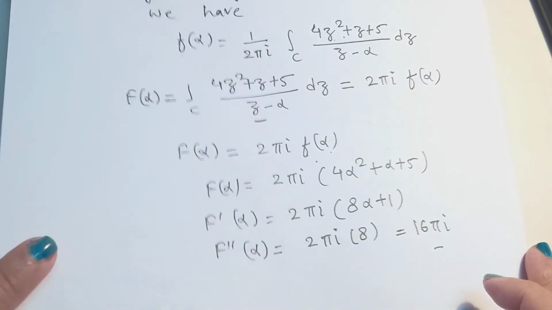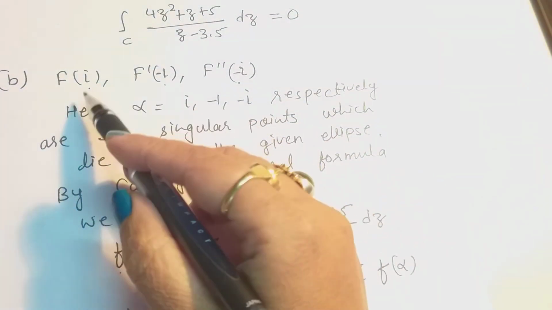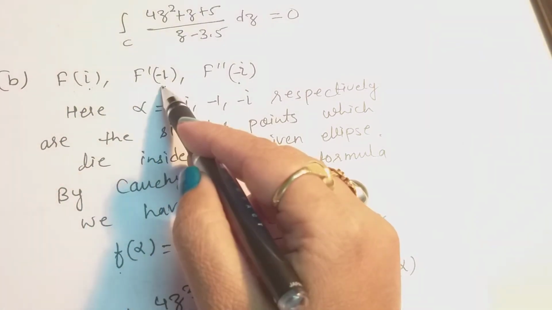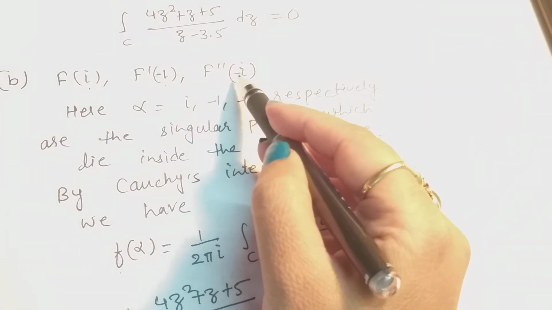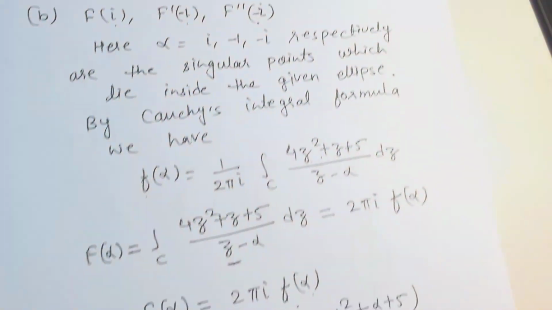Now we find the values of these functions F(ι), F'(−1) and F''(−ι). So we put the values in the given function here.